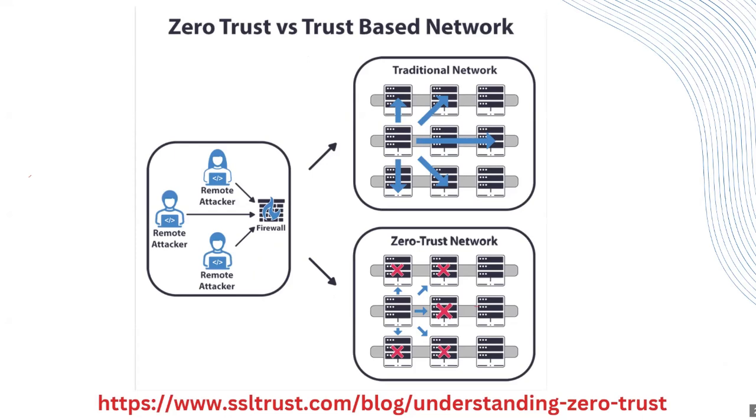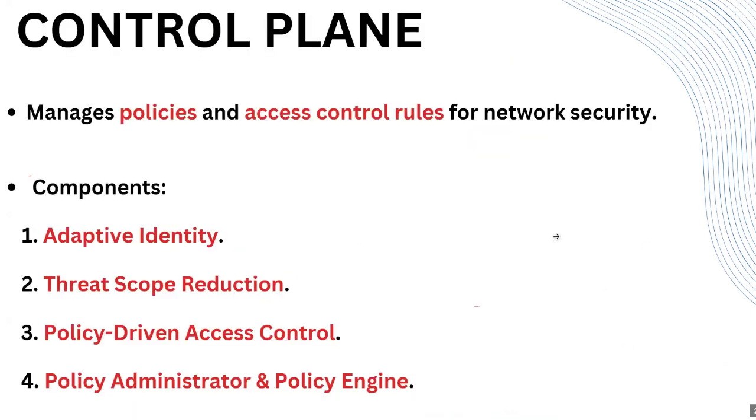Because actually in the traditional network, every connection that is made from the internet to the LAN is not trusted, but everything inside the LAN is trusted. But in the zero trust, actually nothing is trusted, either coming from the internet to the LAN or any connection that is made within our local area network. So yeah. Now let's go into the first logical component of zero trust, which is known as the control plane.